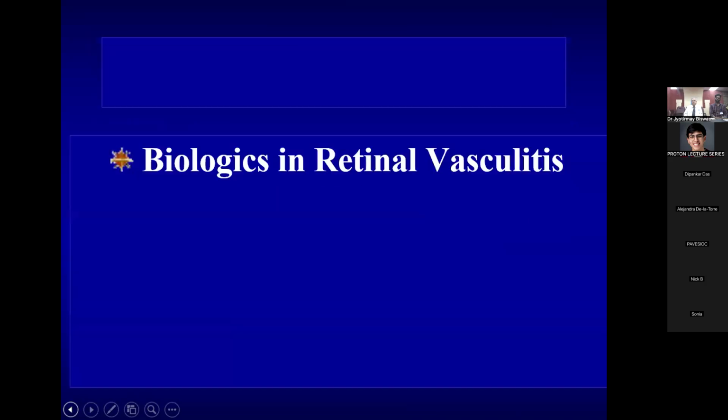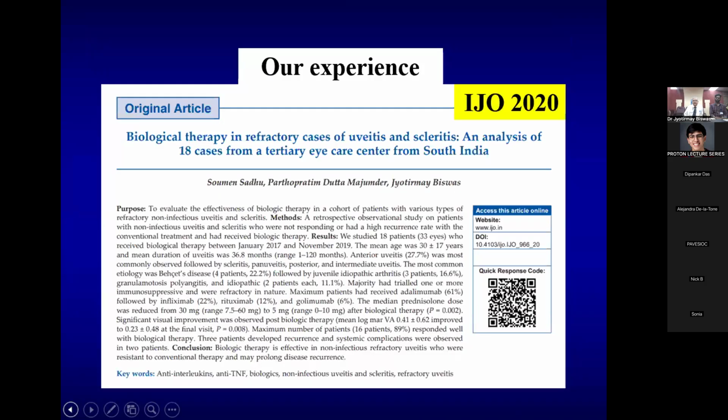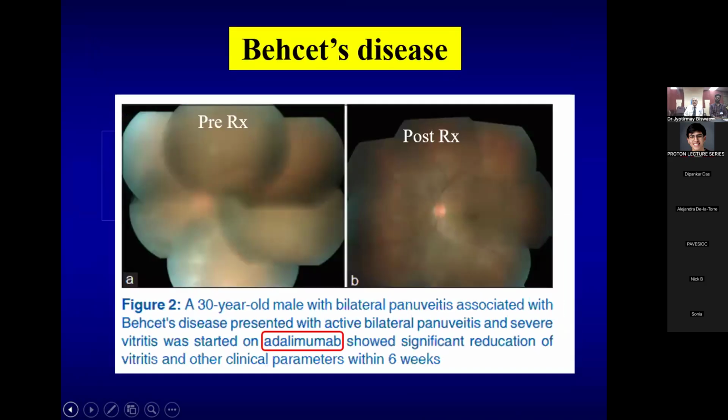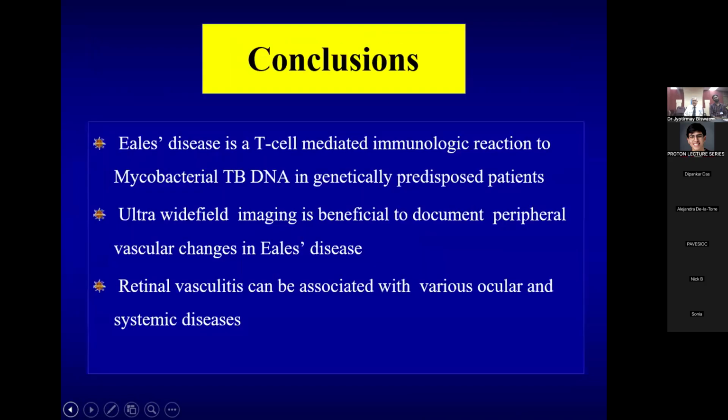But nowadays we are using biologics in retinal vasculitis, and in our series of 2020, 18 patients of uveitis and scleritis, and few of them Behçet's disease, where we used injection adalimumab and showed good response to the therapy.